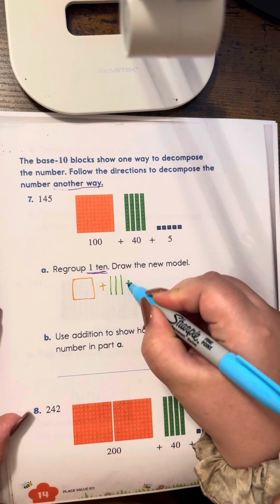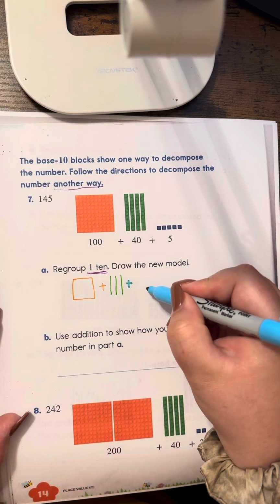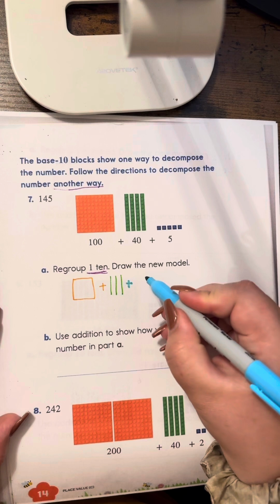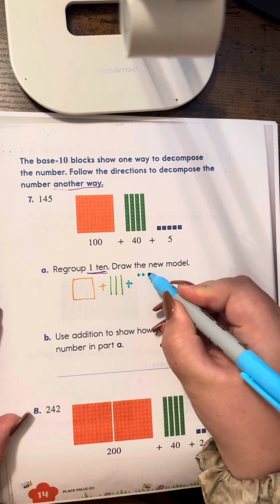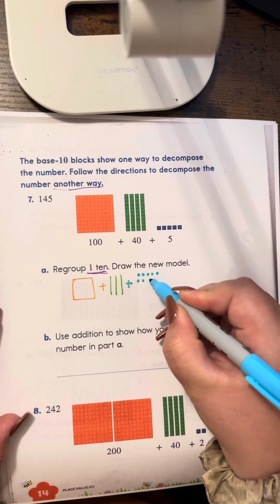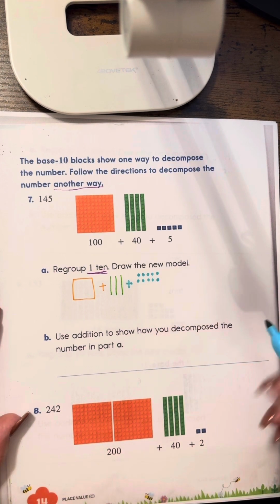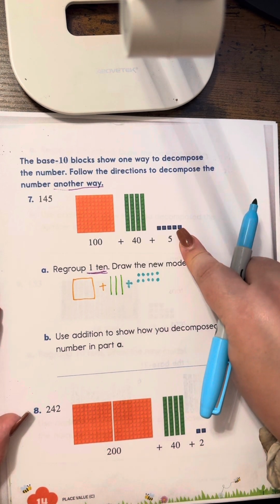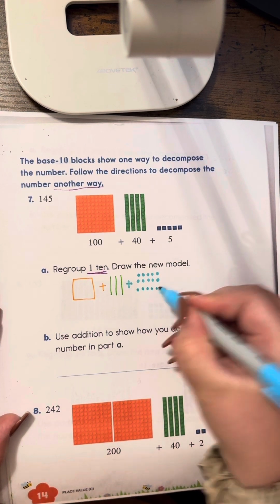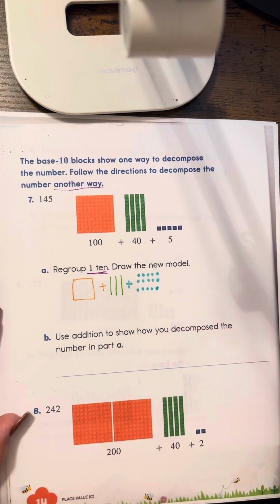And then, I would take that 1 ten and turn it into ones. So one of these 10 sticks equals 10 ones. There's 10 ones in one 10 stick, plus the 5 that we have remaining. So here's the new model that we drew.